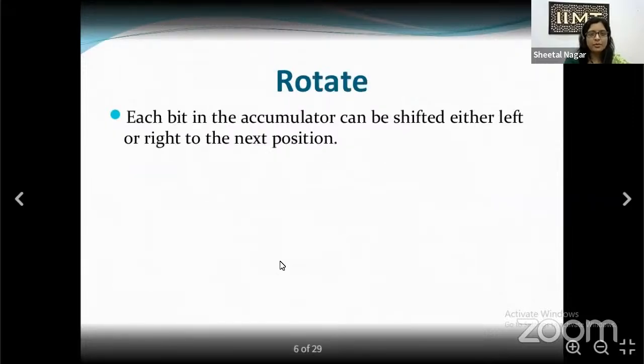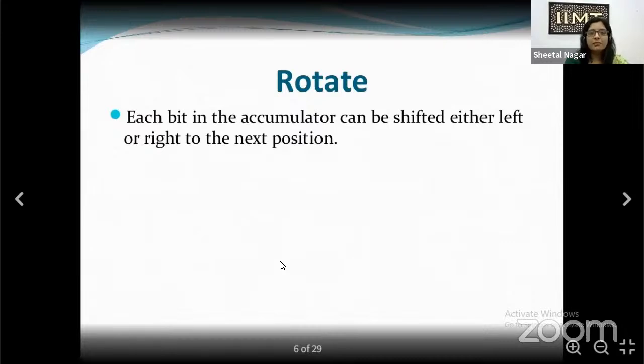Now, rotate operation. Each bit in the accumulator can be shifted either left or right to the next position. This operation will be performed with the help of rotate instructions. In this group, we have 4 instructions to rotate the contents of accumulator to the left side and right side position.